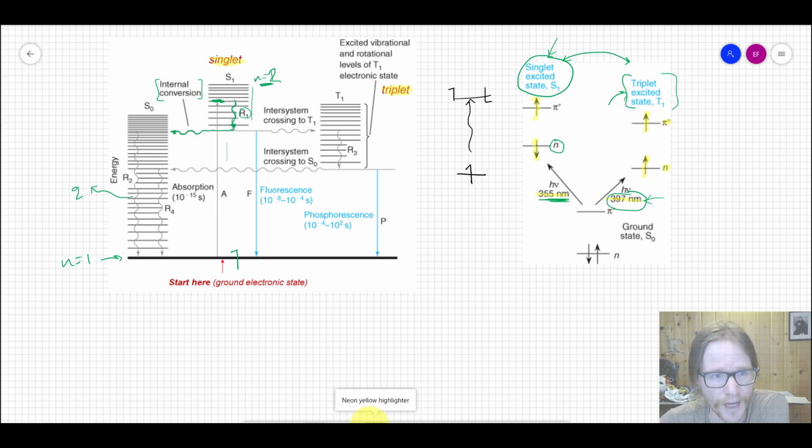So the original photon had this much energy, the full length of that straight line, and then it loses some fraction, R1 here, we subtract that from the original energy of the photon, and then it can go through a direct transition. Instead of going through this internal conversion, it can go straight from the bottom end of the vibrational modes of the n equals 2 electronic state, and it can transit all the way back down to the ground state. And in doing so, if it goes through this process, it is going to re-emit a photon of light.